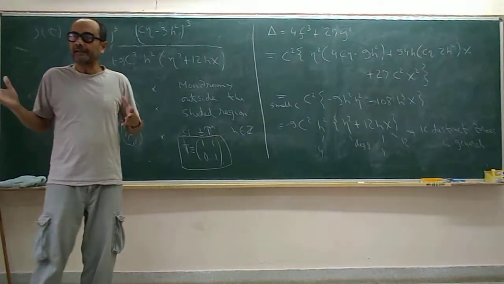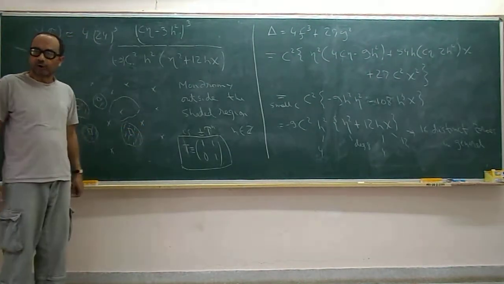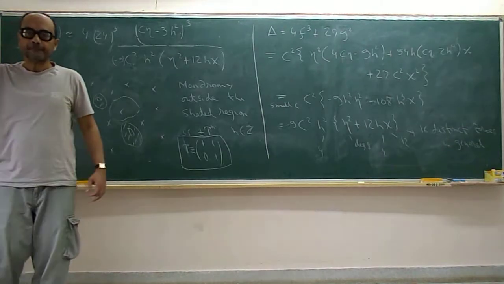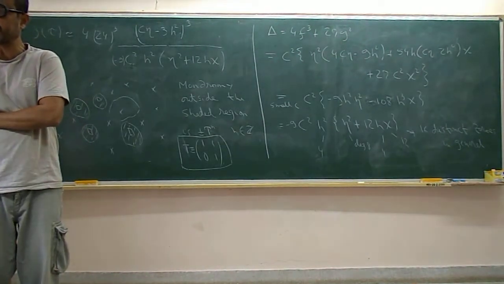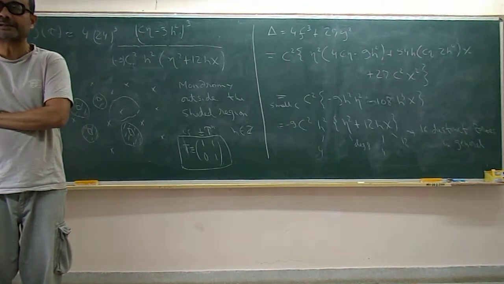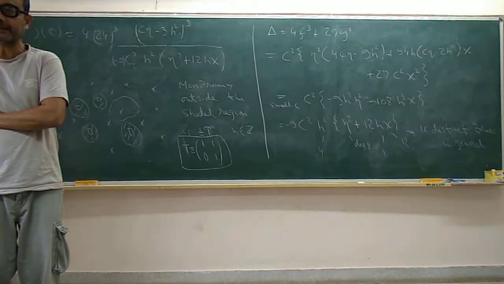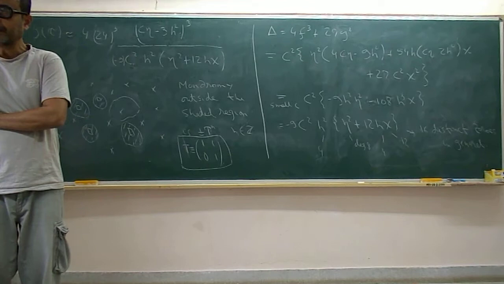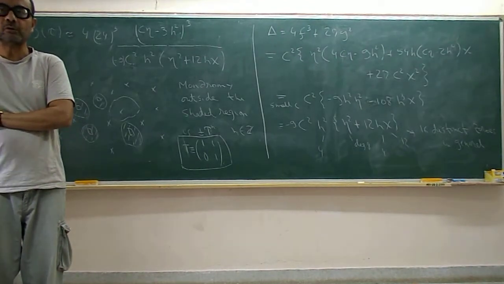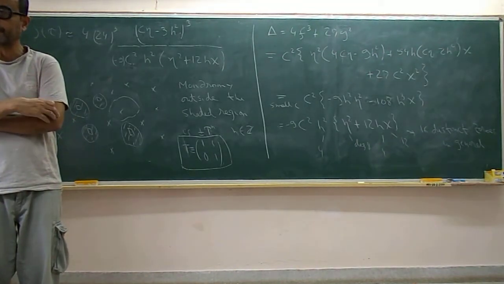So the monodromy can only be a multiple of this, because any other SL(2,Z) monodromy, tau goes to (A tau plus B) over (C tau plus D), will take a large tau 2 to a finite tau 2, or even close to 0.